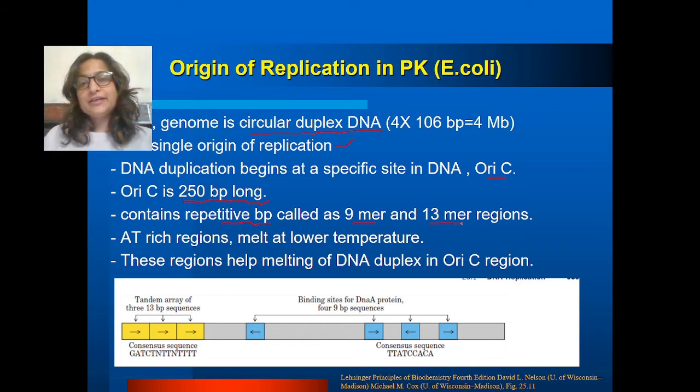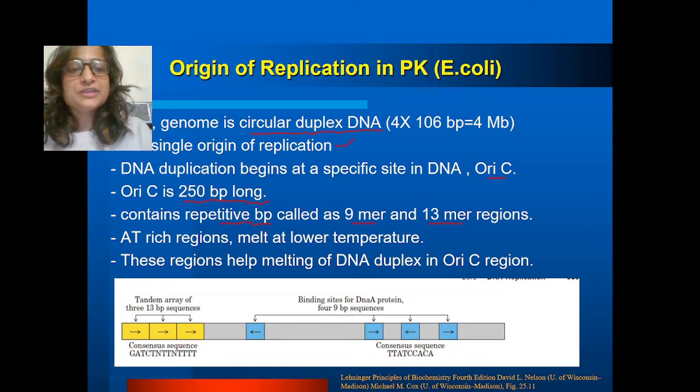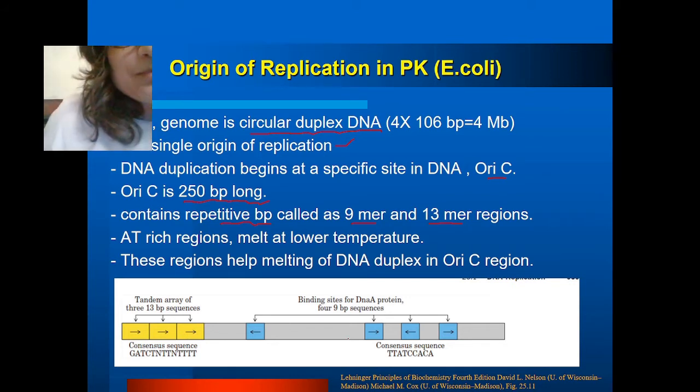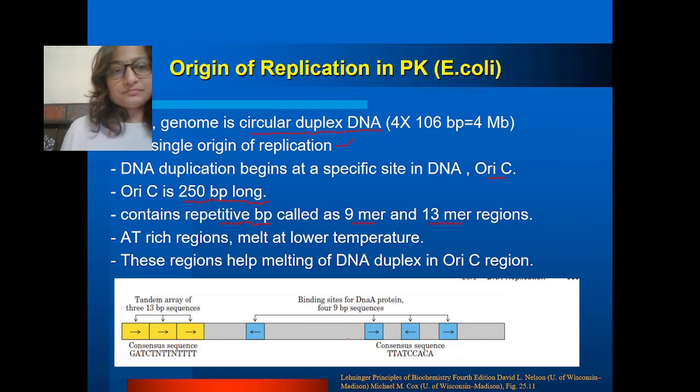So you have basically 3 13-mer and 4 9-mer regions in ORI-C. If you look at the figure, it will be more clear. You can see the yellow colored repeats. The yellow colored region indicates your 13-mer regions, whereas the blue colored region indicates 9-mer regions.